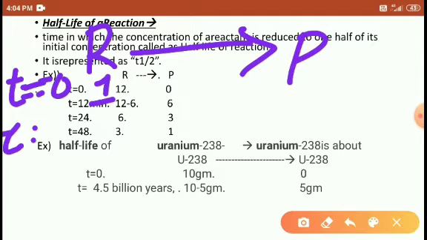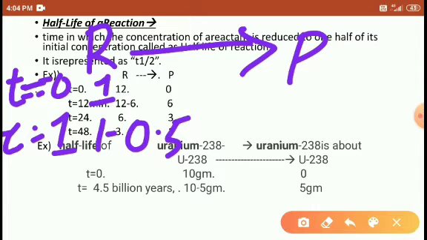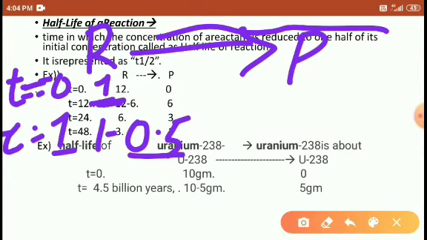At time T equals 1 minute, the reactant decreases from 1 to 0.5. It means half the initial concentration. The definition is the time in which the concentration of reactant is reduced to half. Half means 0.5 decreases from the 1 mole, and it turns into product.